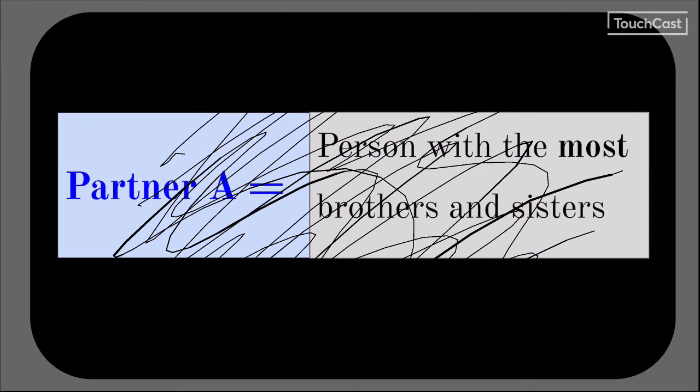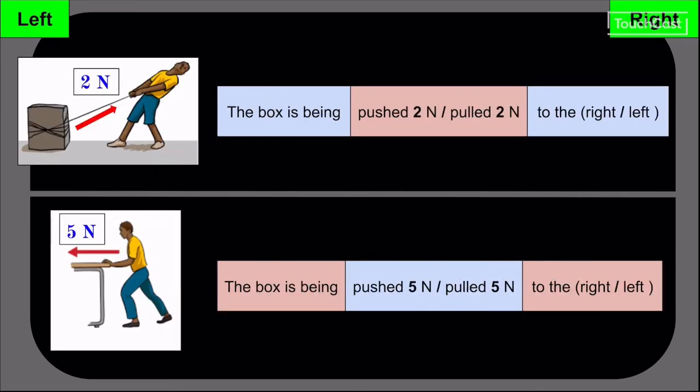Okay, so first thing you have to do is look at the picture. You have to then decide if the box is being pushed 2 newtons or pulled 2 newtons. Highlight your answer choice, and then decide if it is being pushed or pulled to the right or left.